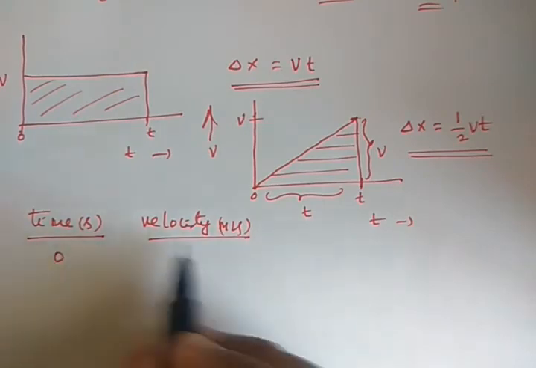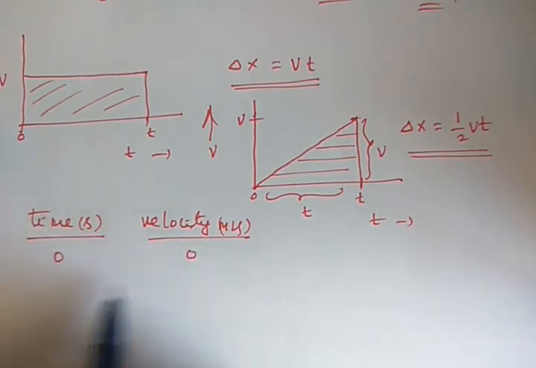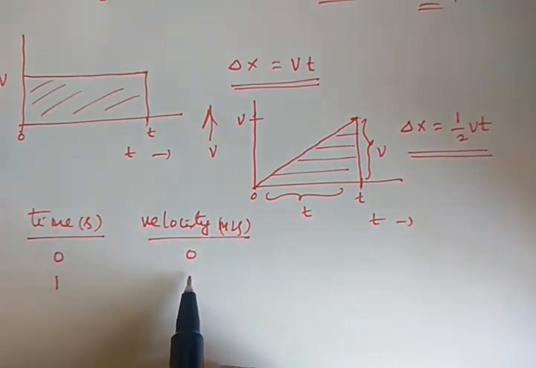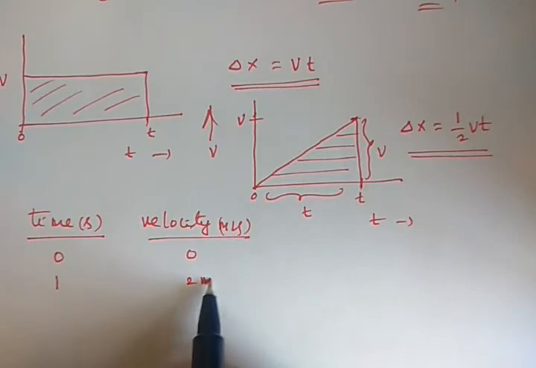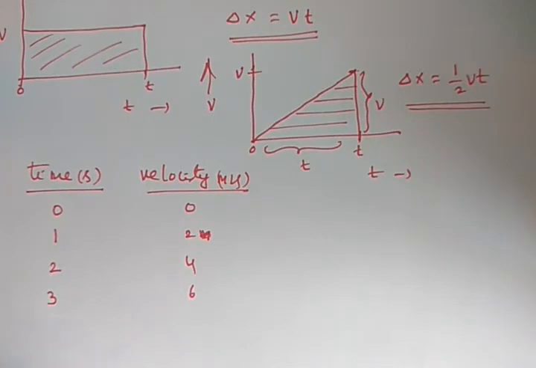Let us consider this non-uniform velocity. When time t is 0, velocity is also 0. When time t is 1, velocity is, let us say, 2 meters per second. And when time t is 2, velocity is 4. Time t is 3, velocity is 6. Let us take only these 3 data points. Let us plot this graph.